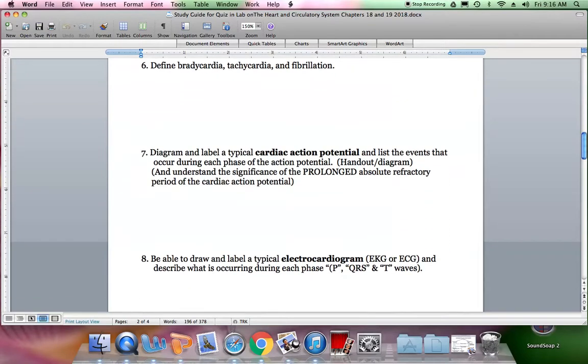Okay, now the ECG or EKG, as I mentioned before, is actually a reflection of the cardiac conduction system in the heart.